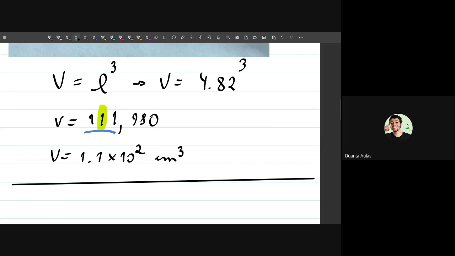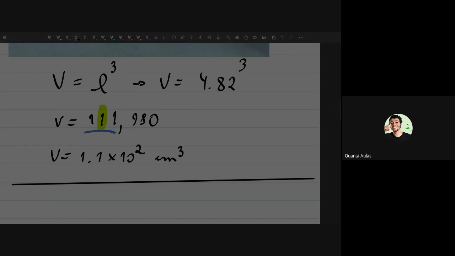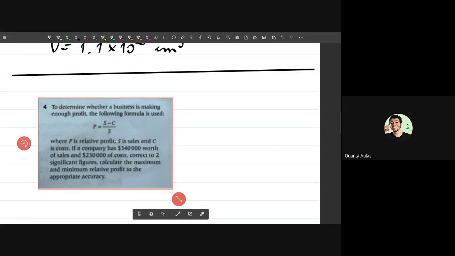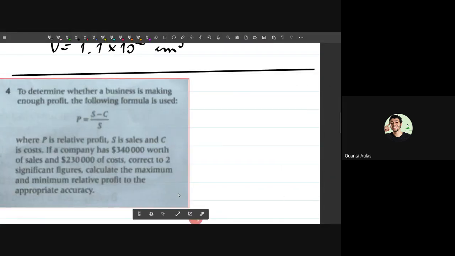The next one is bigger. To determine whether a business is making enough profit, the following formula is used: P = (S - C) / S, where P is relative profit, S is sales, and C is costs.